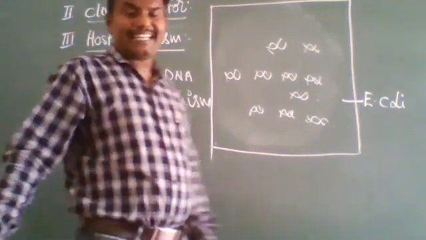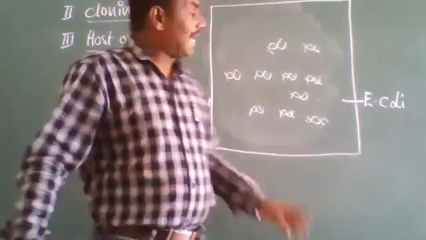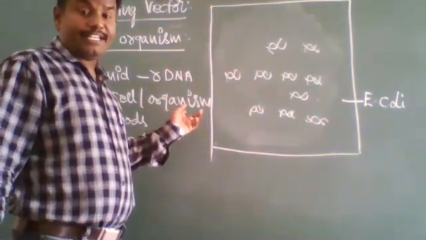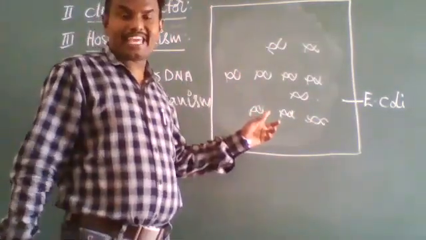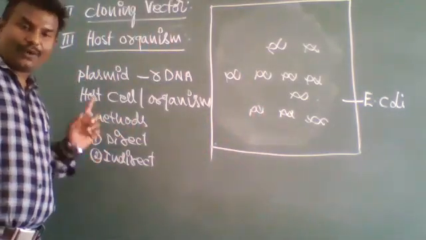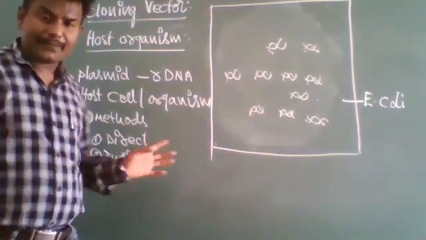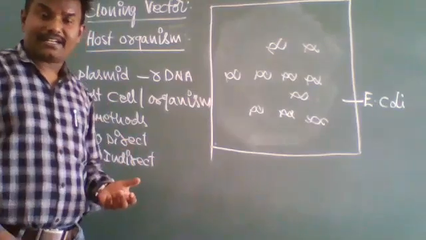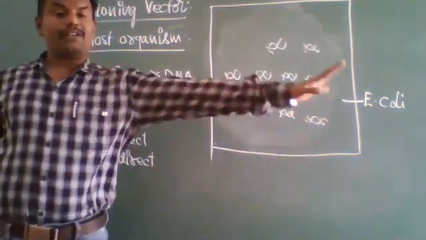Transfer of recombinant DNA into the bacteria can be done by two methods. Manually we cannot send it. In one method they will send it directly.